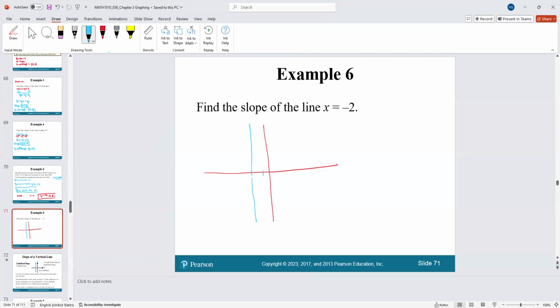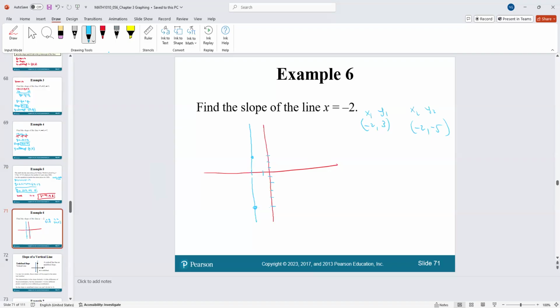Why would we say that? Because for any points in the solutions, let's say x1, y1, x would be -2. I can choose any y. Or if I take another point x2, y2, remember x would always be -2 even though I decide to change y, let's say -5. So we would conclude the slope of the line x equal to -2 is undefined.